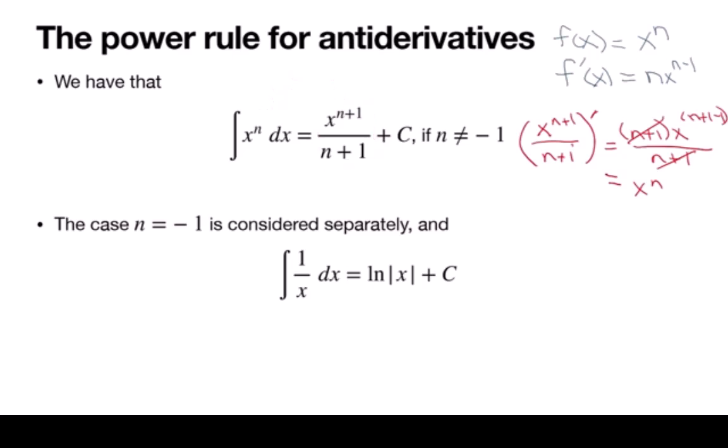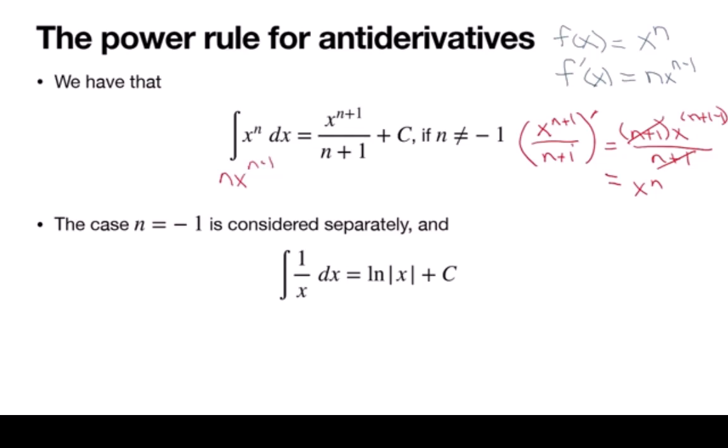When we took the derivative, we multiplied by this exponent. Now we're dividing by the exponent plus 1, and we add 1 instead of subtract 1. Let me say that better. When we take the derivative, remember we move n to the front and we have x to the n minus 1.